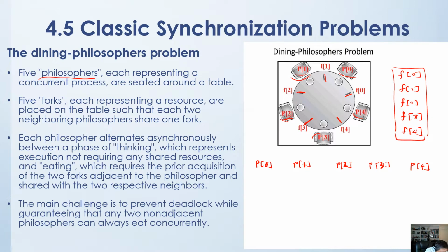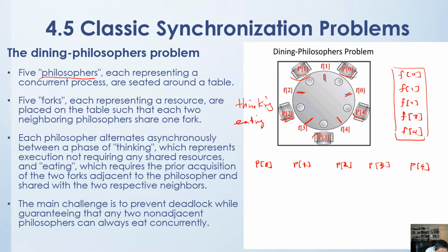Now, each philosopher alternates asynchronously between a phase of thinking and eating. So each philosopher has 2 phases: thinking and eating. When a philosopher is thinking, that philosopher doesn't take any resource.